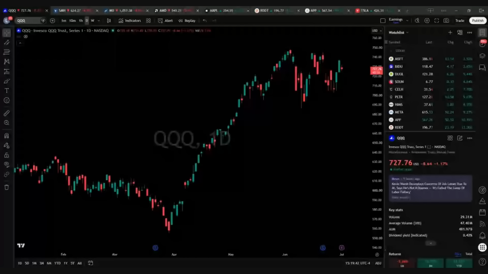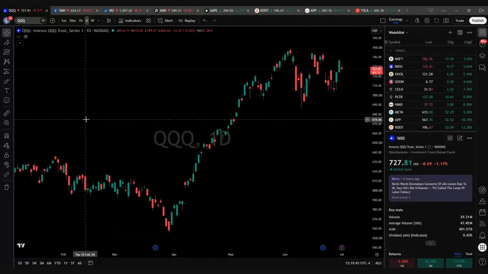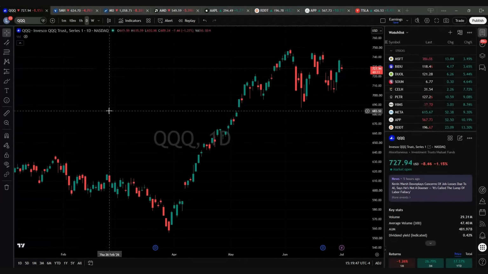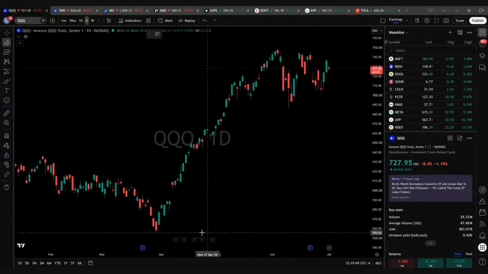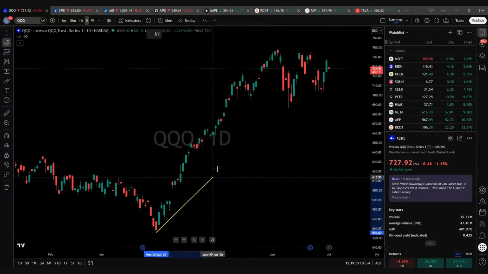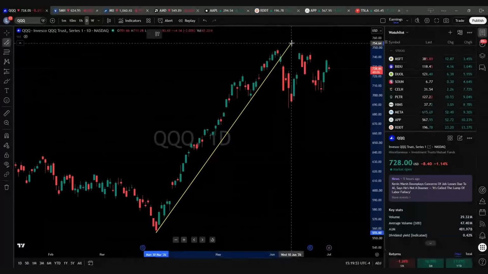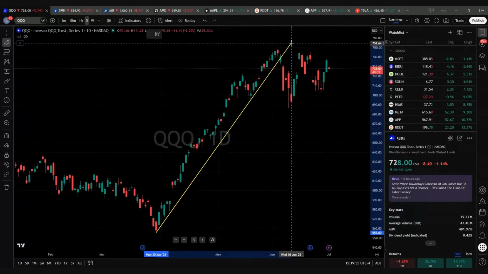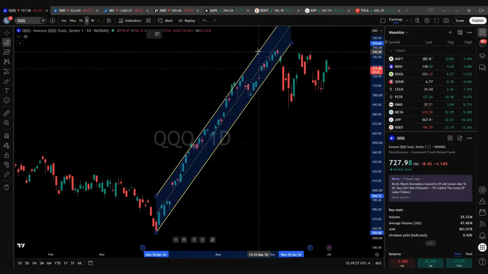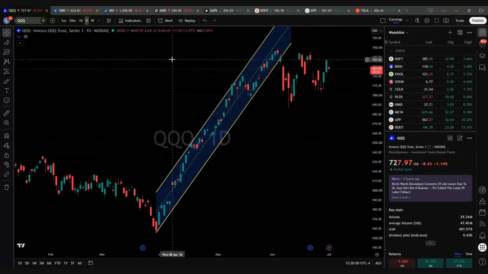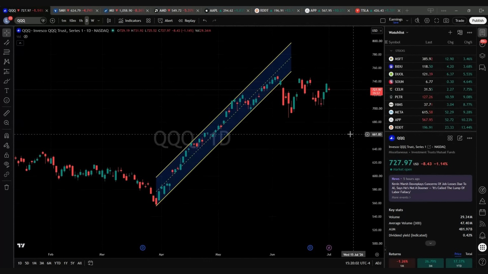And this is the play. It is a parallel channel. So when you're thinking about trading, what is a parallel channel? Well, a parallel channel would be essentially a trend line that you can draw that also connects on the other side, creating a parallel.